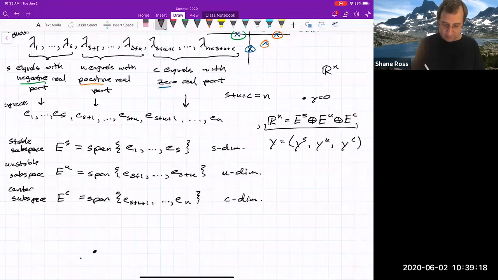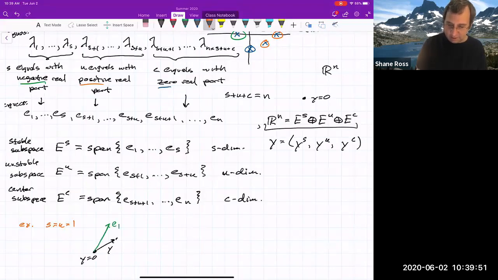All right, so that means here's y equals 0, and then here's any other vector y, and suppose, as an example, s equals u equals 1. Here's E1, and then here is E2.